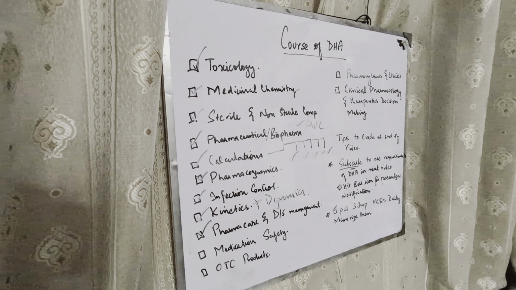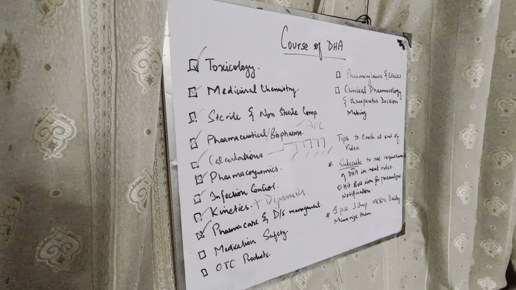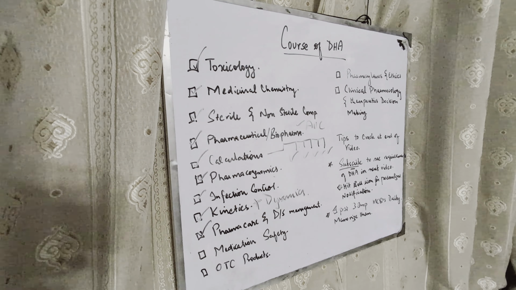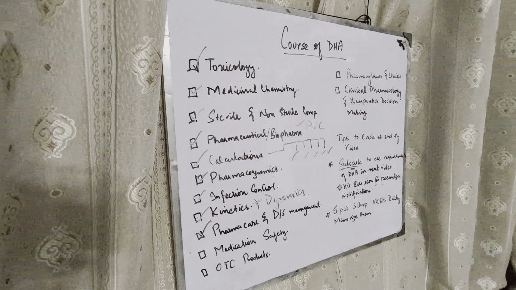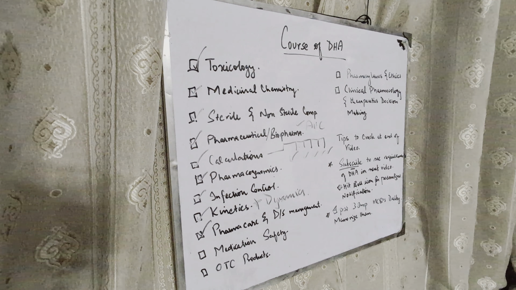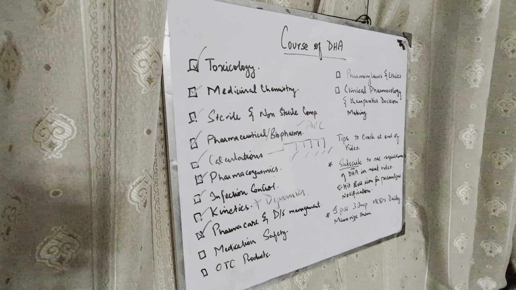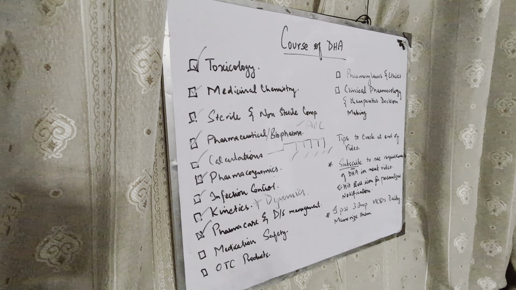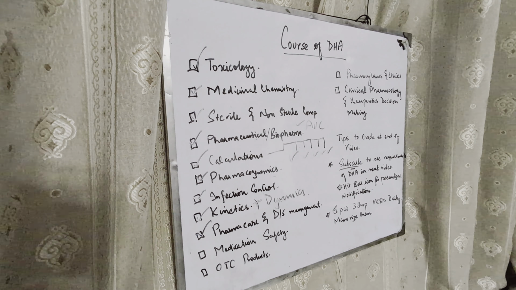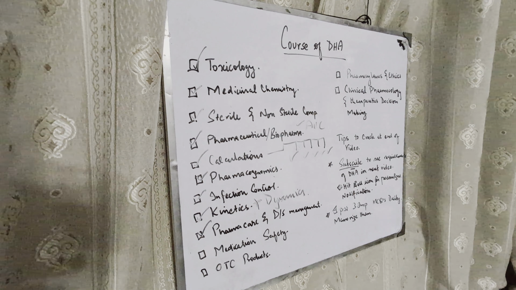Medication safety is one of the most important things that you have to remember in the test. In the case of OTC products, you may be asked what the side effects can be, what the toxicological effects can be, anything can be asked, and it will be very confusing.